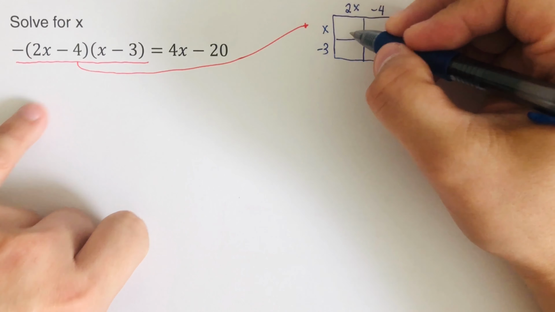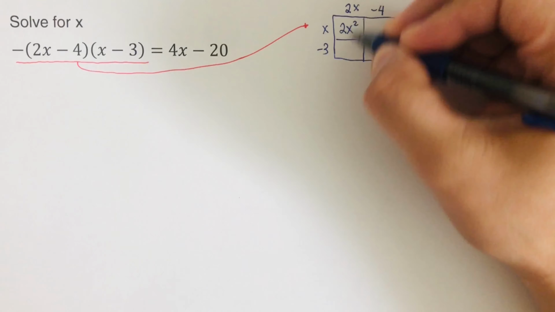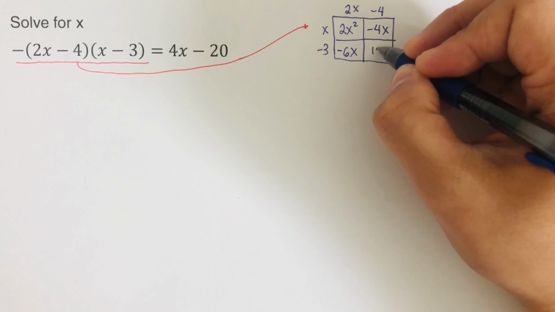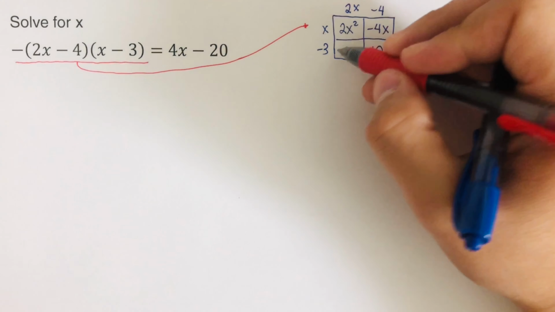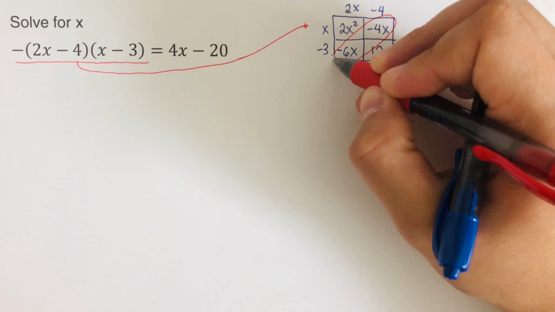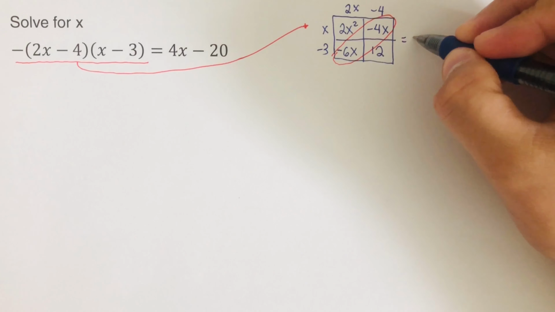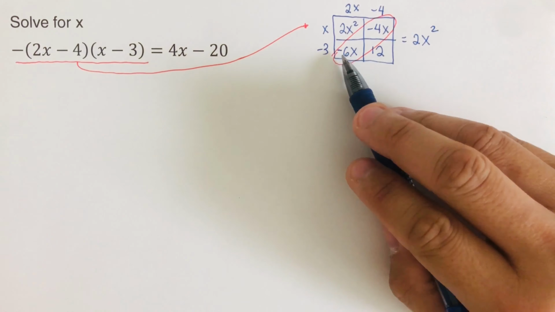So this would come out 2x squared. And then that's negative 6x, negative 4x, and positive 12. So we combine like terms. These two, this diagonal here, they're like terms. So this would come out 2x squared.